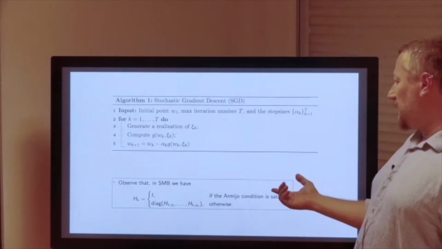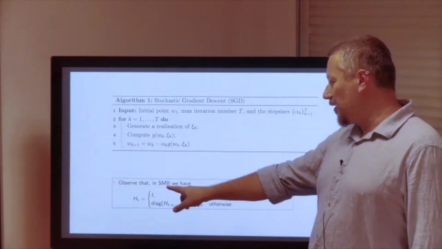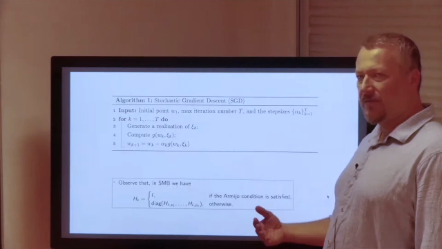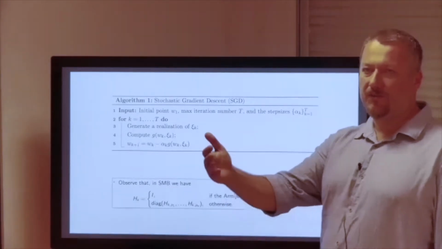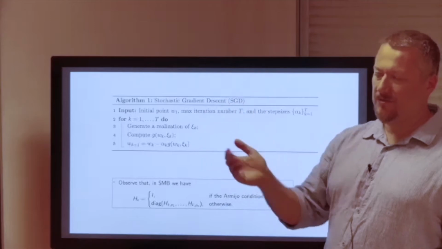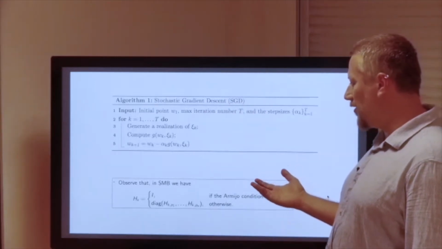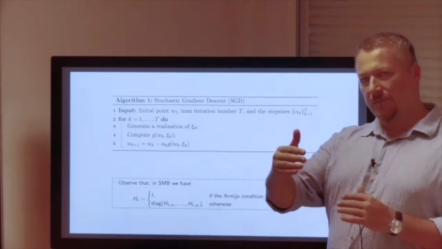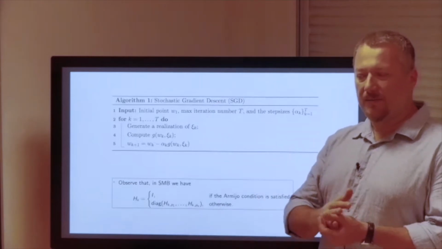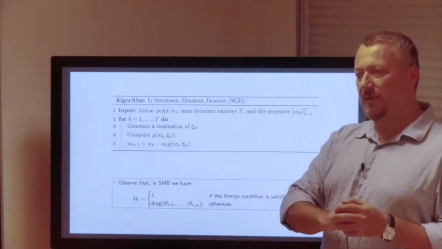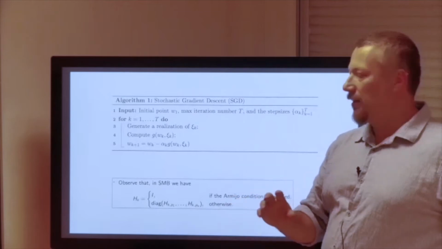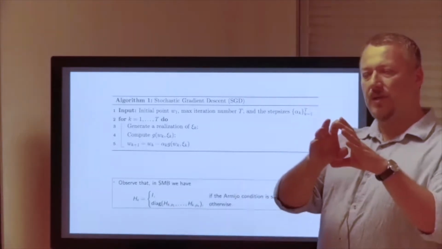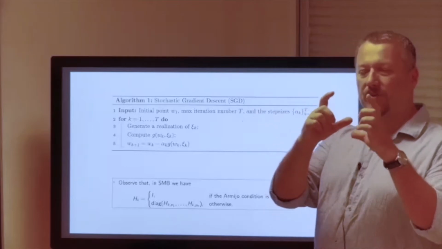But let me remind you that in our method SMB, this H_k is either the identity matrix when the arithmetic condition is satisfied, you don't change the direction, you just keep that. So it's just the identity matrix, or it's a positive definite matrix. And since we are looking at groups in deep learning, at least, we are looking at these groups of parameters. For each parameter, you come up with a submatrix, and this whole process turns into a block diagonal matrix.